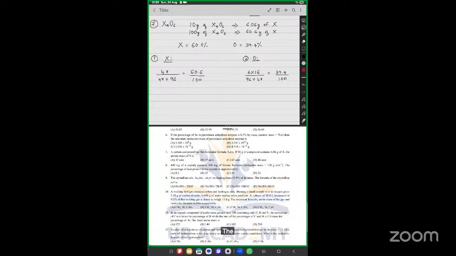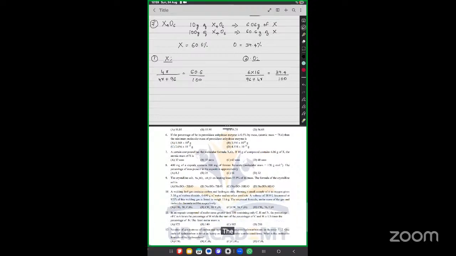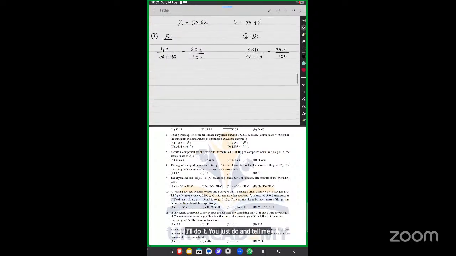The clue is given in the question. You have to just find the X. X is the atomic mass of the atom X. Solve and tell me the answer. I'll do it too. You just do it and tell me the answer if you get it soon.